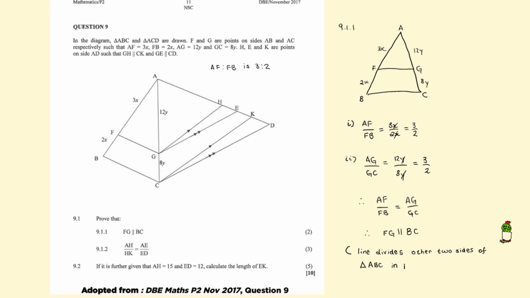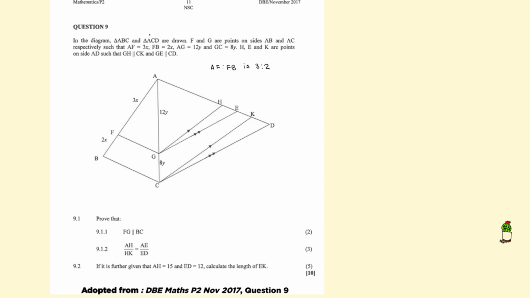I'm just going to abbreviate it like that. So our reason for saying that FG is parallel to BC is because this line FG divides the other two sides in proportion. And we've proven that those two sides are in proportion over here and over here. Let's look at question 9.1.2.